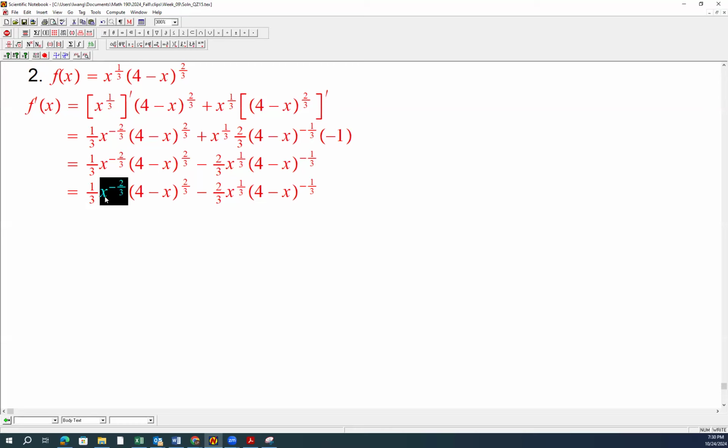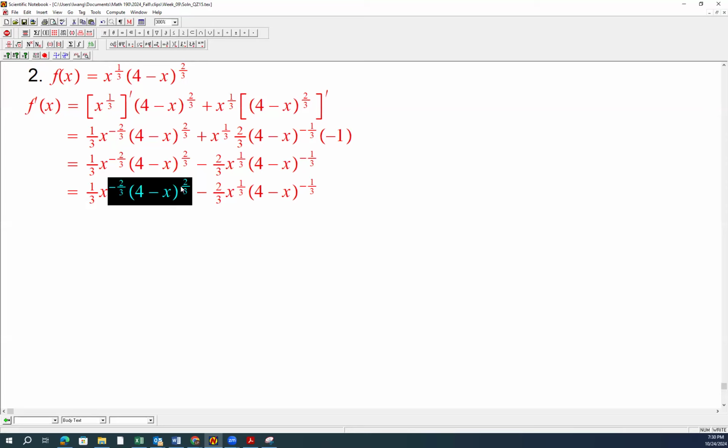Okay, we're going to factor out this piece and we're going to factor out this piece. But this factor does not have 4 minus x to the power negative 1/3. So there are a couple of ways to do it. So you want to create something like that, right?